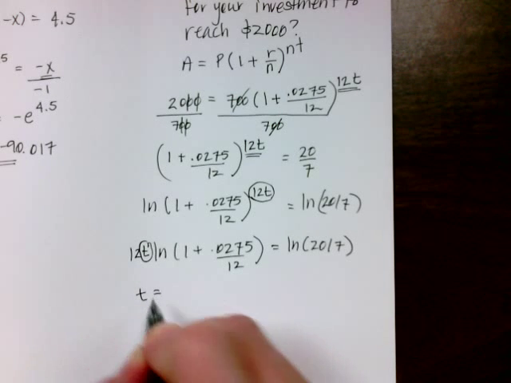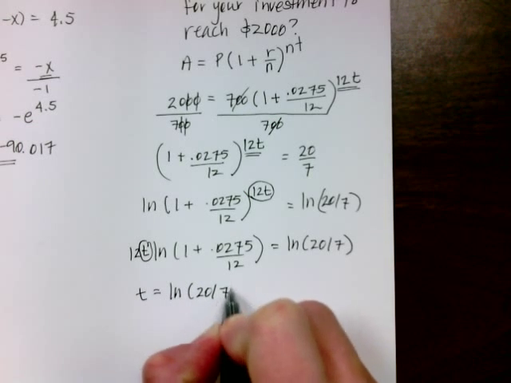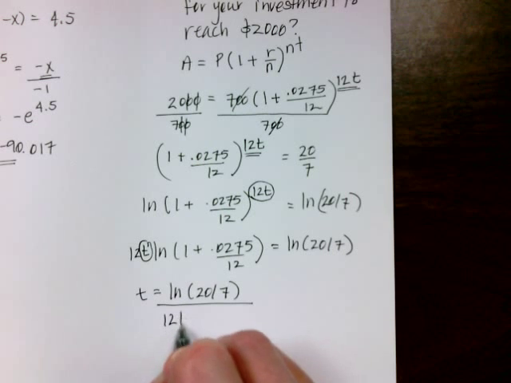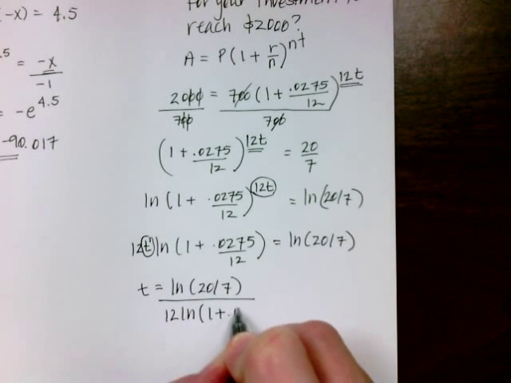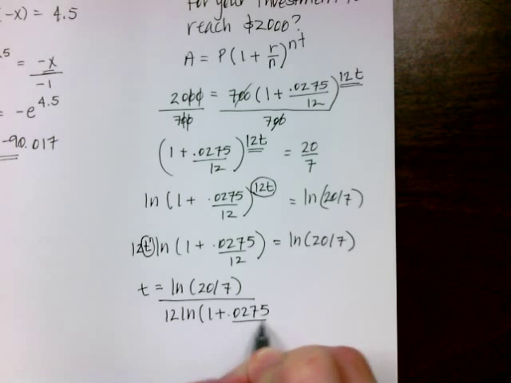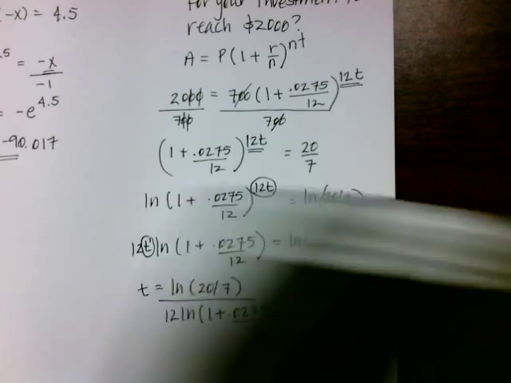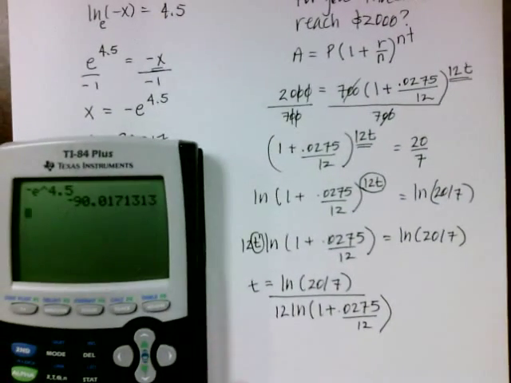So I'm going to get t is equal to the natural log of 20 divided by 7, and then here's the mess on the other side, the 12 natural log, and then I have 1 plus 0.0275 divided by 12. Now I'm going to do this in my calculator, so let me walk you through all of the steps, okay?